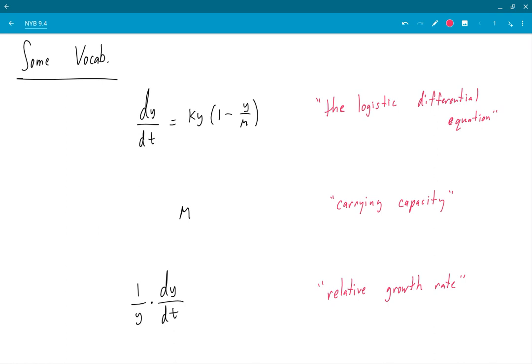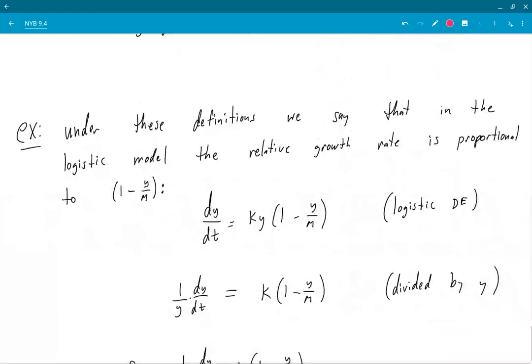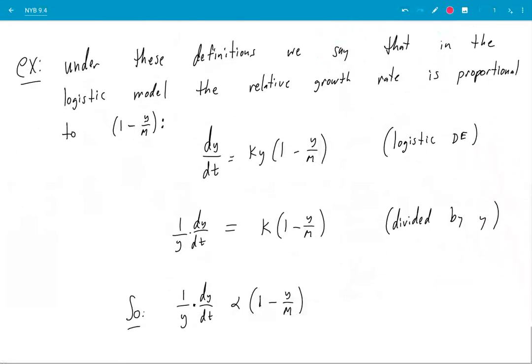And we also have something called the relative growth rate, which you get by taking the growth rate and then dividing by your population. I'll give you an example to show you what this growth rate and vocab mean for us.